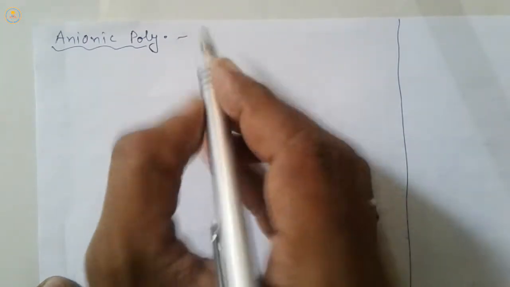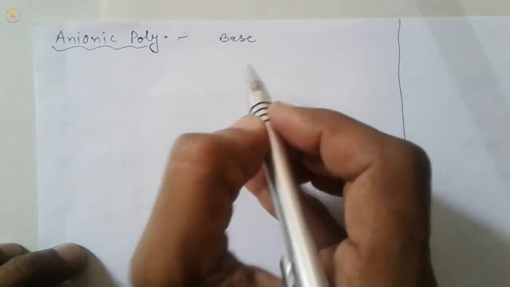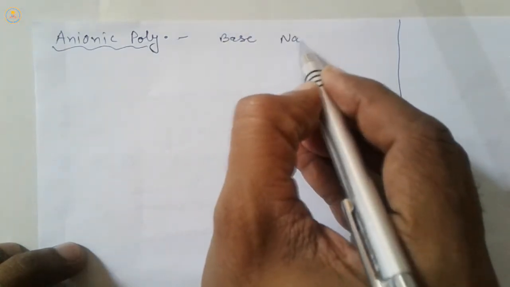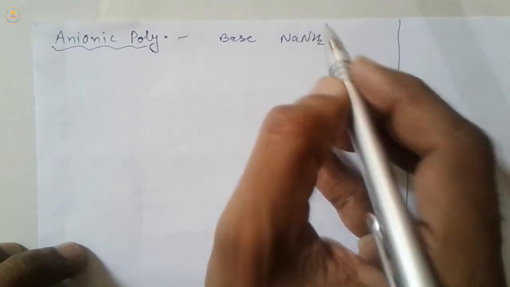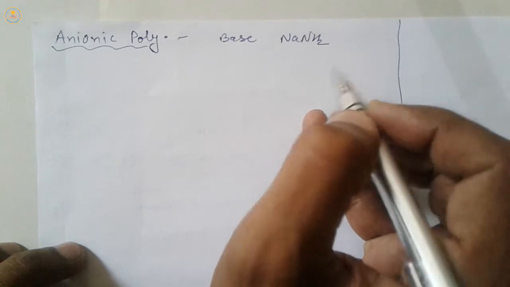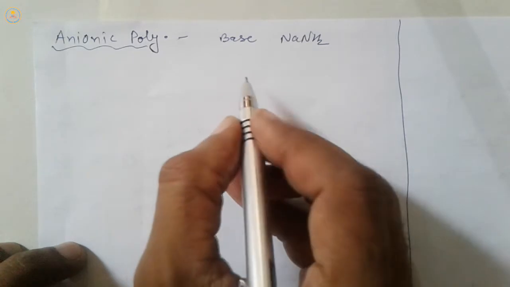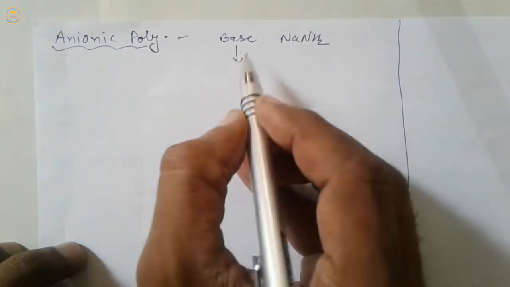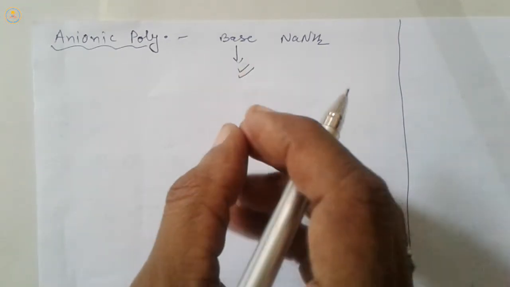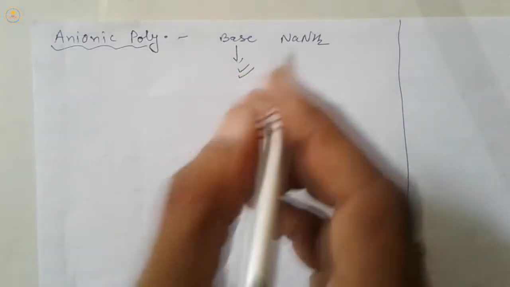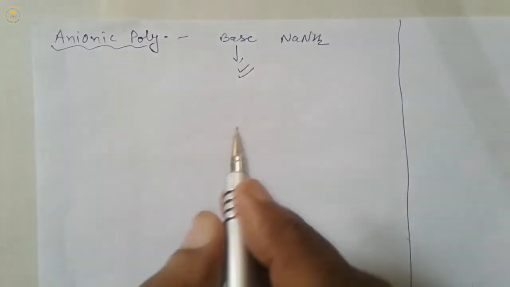It is catalyzed by a base like sodamide, NaNH2, alkyl sodium, alkyl or aryl derivatives of alkali metals, Grignard reagent, etc. Therefore, it is called base catalyzed polymerization. It is of anionic addition type reaction. I repeat, it is of anionic addition type reaction.